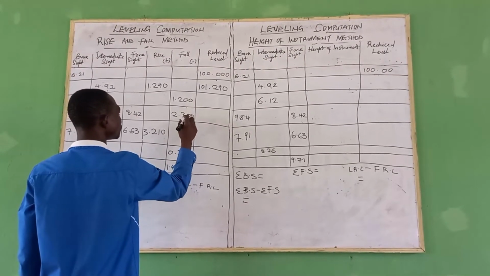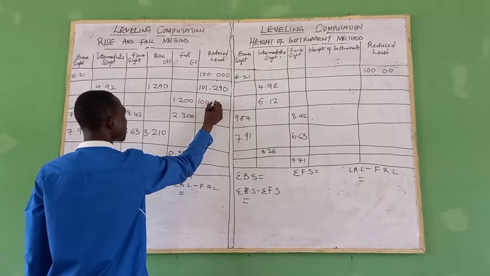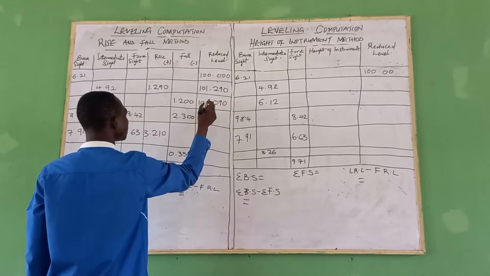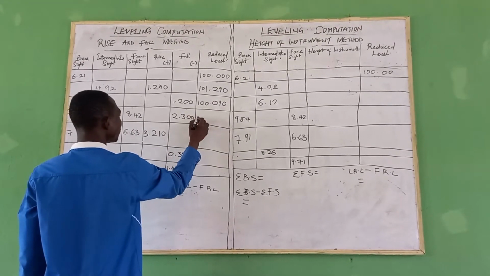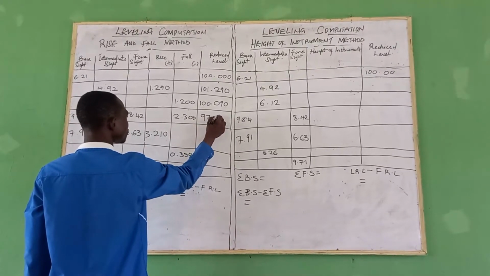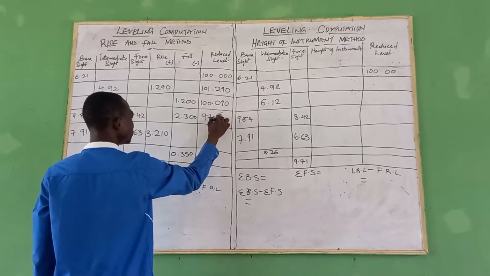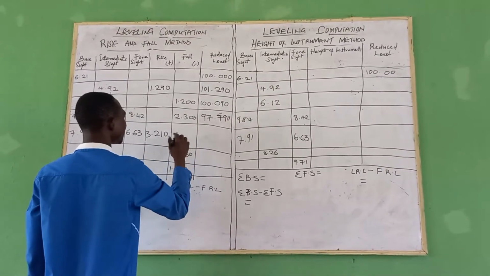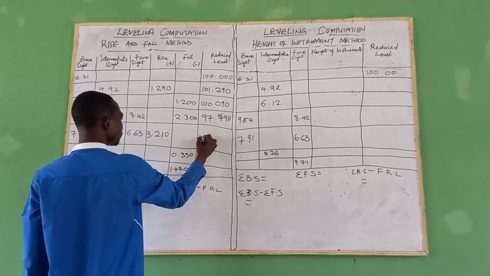What do we have? 100.090. Now, 2.3 from this, what do we have? 97.790. This plus this, what do we have? 101.000.